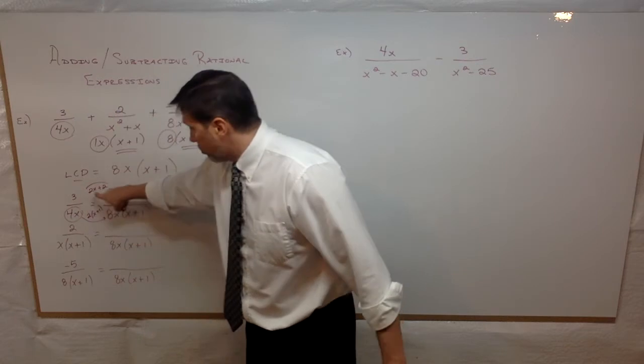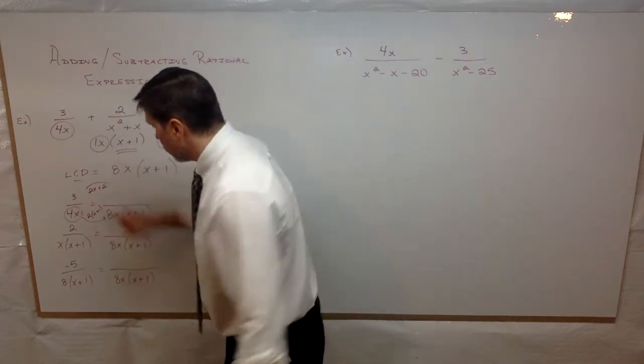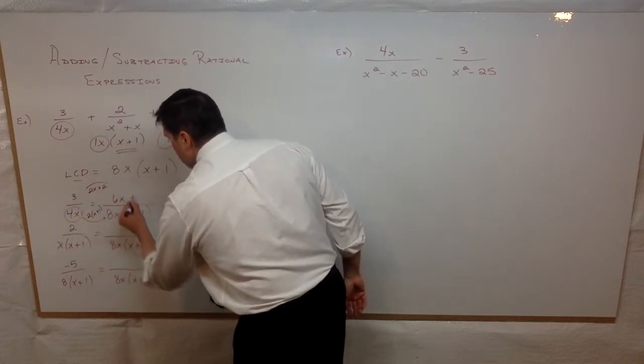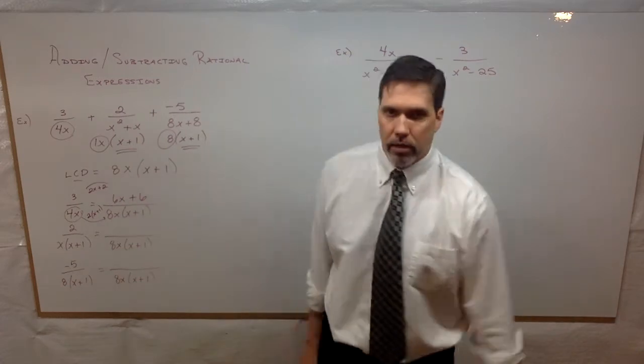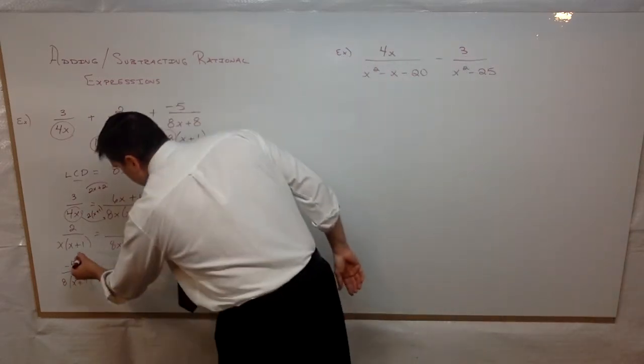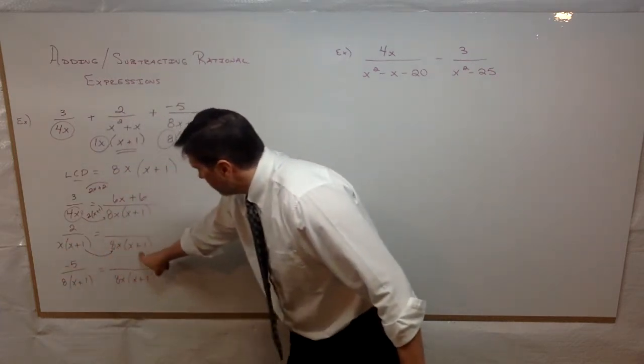Now, when you multiply 3, a monomial, times a binomial, you're going to have to distribute. So 3 times 2x is 6x. 3 times 2 is 6. So the numerator of that becomes 6x plus 6. Okay, likewise here, a little bit easier. What do I have to multiply this denominator by to get the LCD?